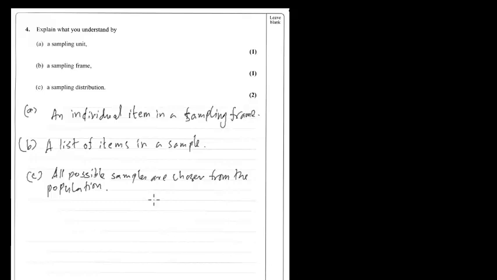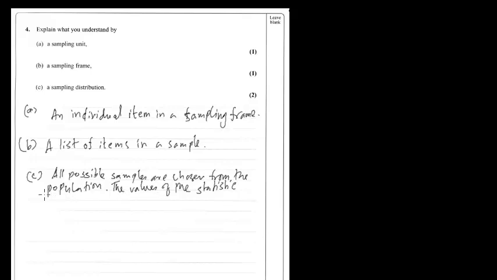Now when you take that sample and you find some statistic, this statistic can be the mean, the median, or anything. Statistic is any calculation made from the sample, like mean, mode, median.